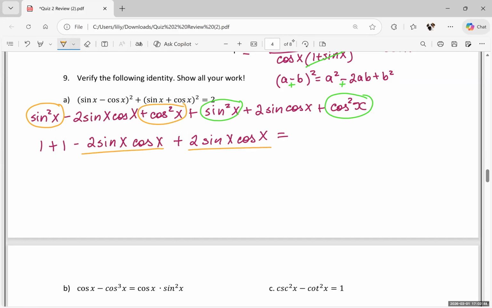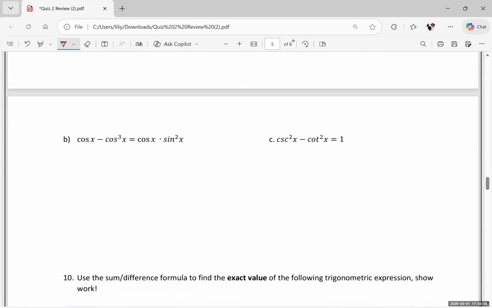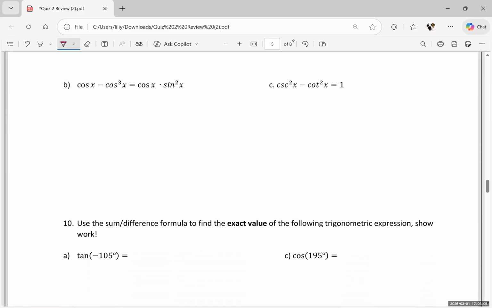This and this, when you add them as like terms, which they are, that's 0, so that goes away, and 1 plus 1 is 2. So that is 2. We needed to get 2, we got 2. This shows that the identity was true. So that's the first one. I'll have 2 more here.